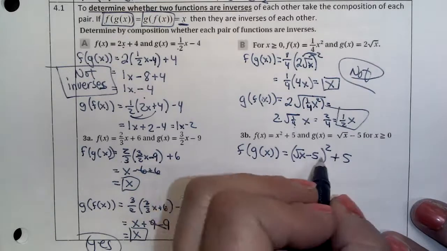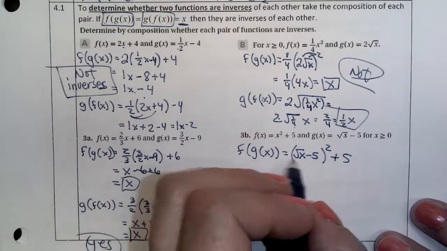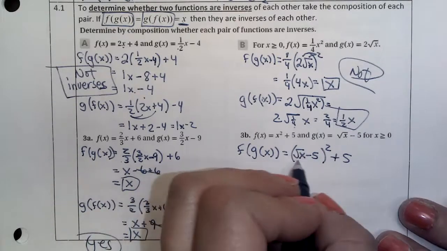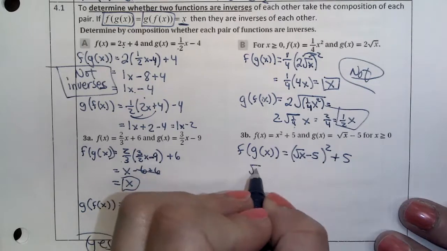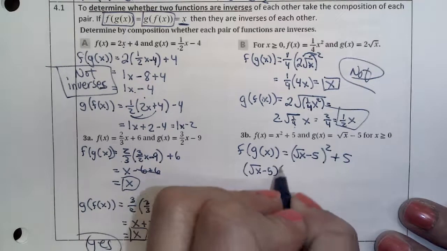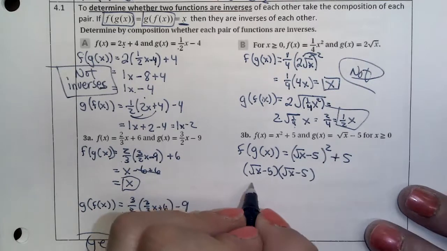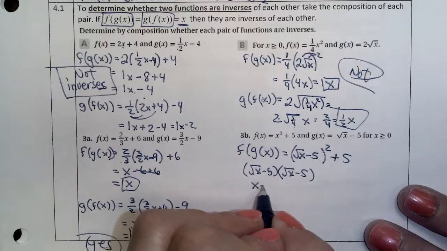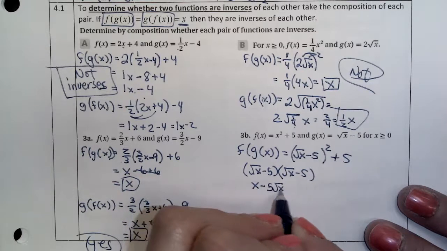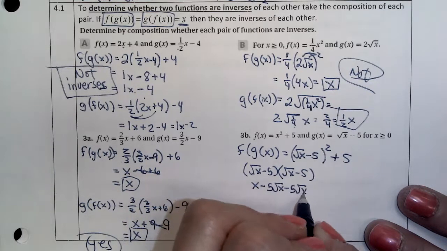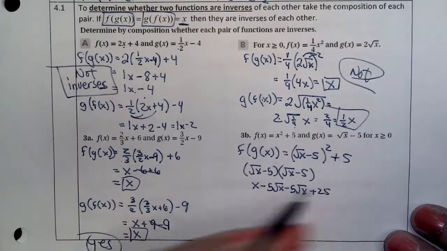Now I'm going to have to square that. Well, this right here is a binomial. So the square root of x minus 5 times the square root of x minus 5. Square root of x times square root of x is x, minus 5 square roots of x, minus 5 square roots of x, plus 25.